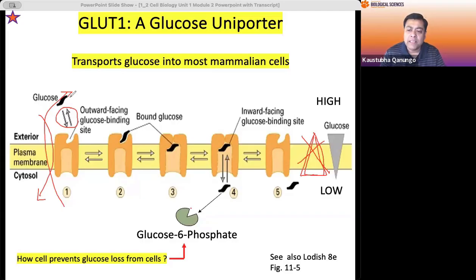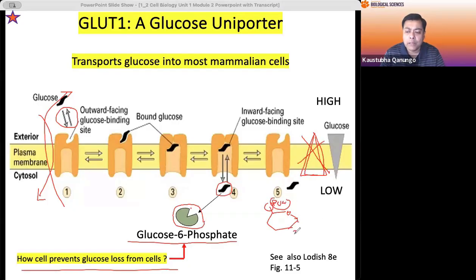So to prevent this, there is a basic built-in mechanism by which the cell prevents glucose loss. As soon as the glucose comes into the cell, a phosphate is put on it, so it becomes glucose 6-phosphate. So you have the glucose molecule right here, and you put a PO4, a phosphate, in here.